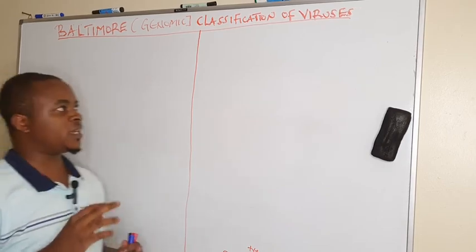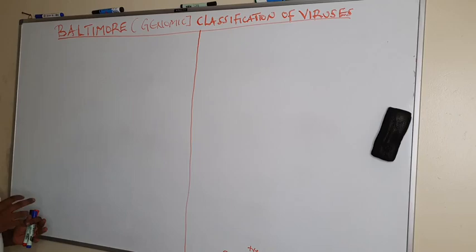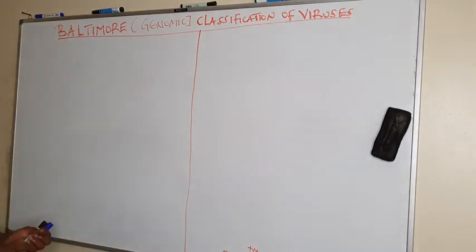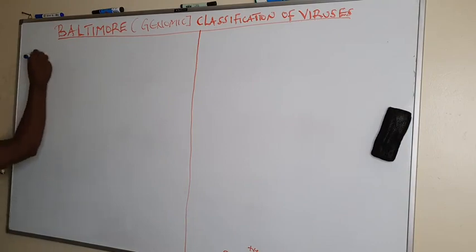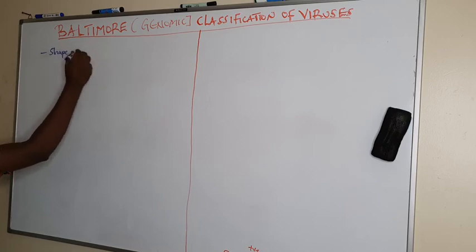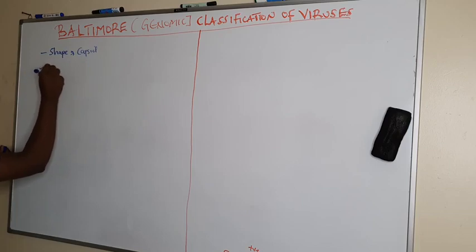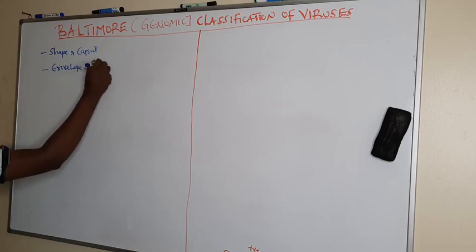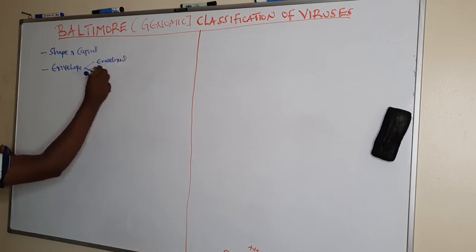So about Baltimore classification of viruses, as we have seen, there are different ways. Sometimes the viruses are classified according to the shape of the capsid, or according to the presence or absence of the envelope, whereby some are enveloped, others are naked.